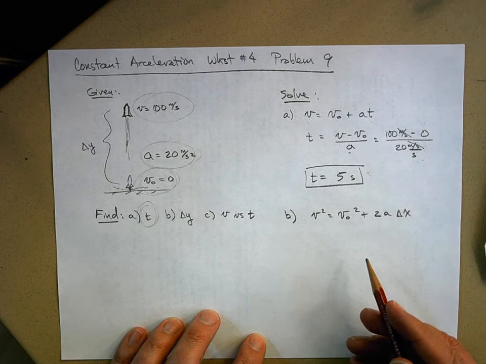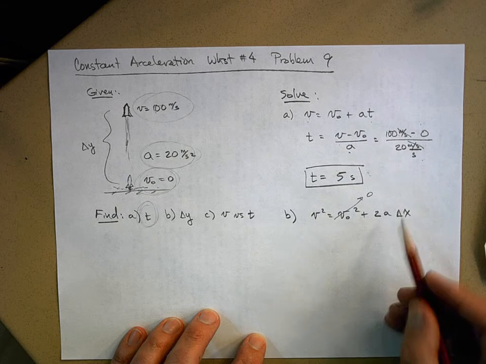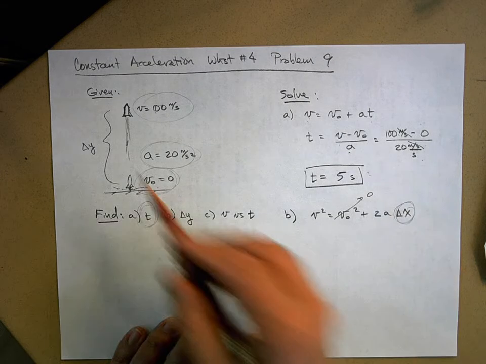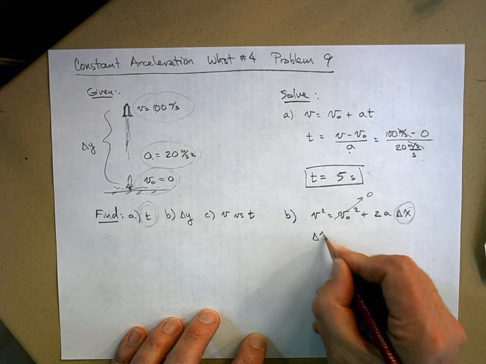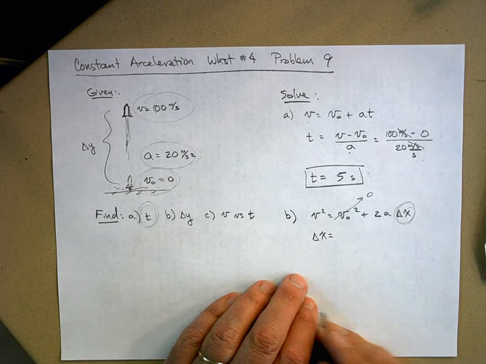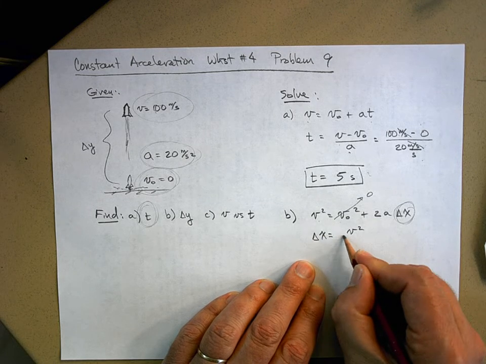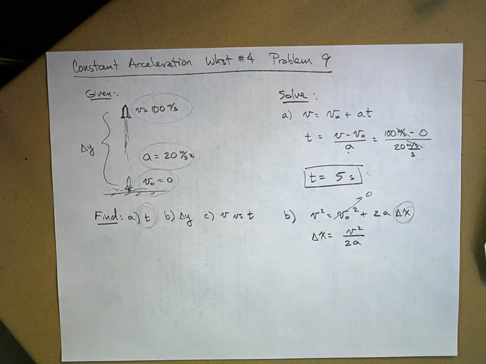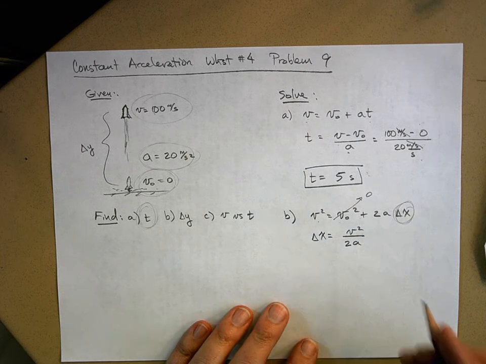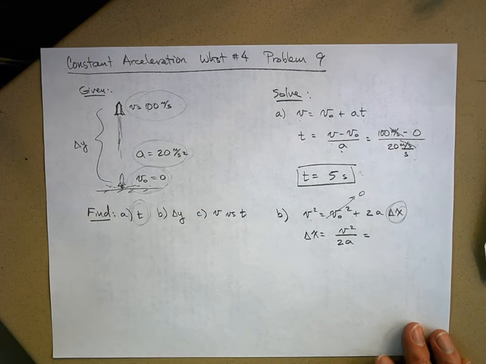Now, this is 0. And what am I solving for? Delta x, or oh, I called it delta y over here. Doesn't matter, I'll just use delta x. So this is going to be v squared divided by 2 times a. Does that make sense to everybody, that little algebra step? If not, you need to go back and review some math.